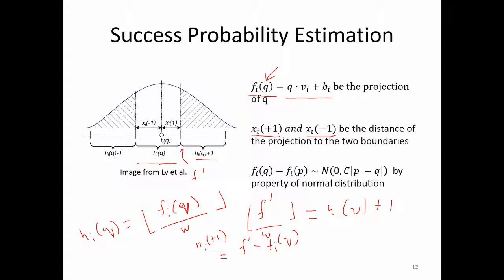What is the distribution of f_i(q) minus f_i(p)? Here the distance between p and q is less than or equal to r, so that they are actually supposed to fall into the same bucket.